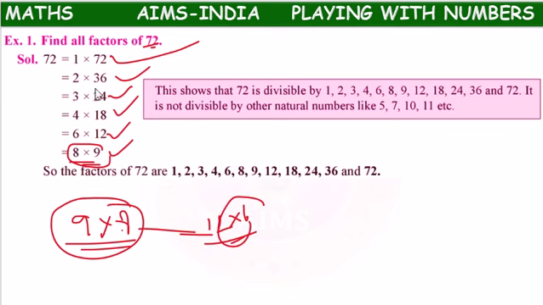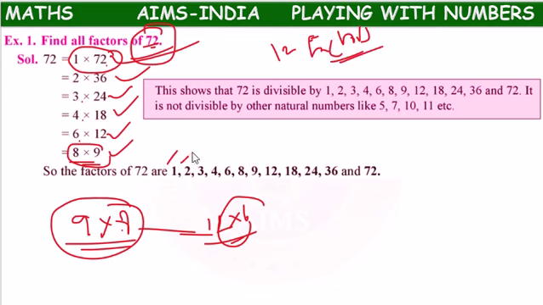We can count them. In each product, two factors are involved: 2 plus 2, 4, 6, 8, 10, 12. So 72 has 12 factors.